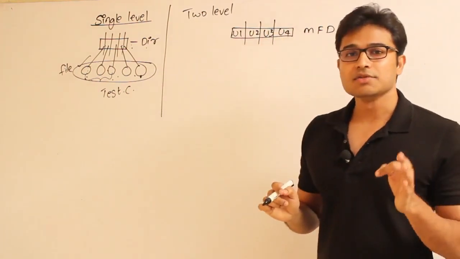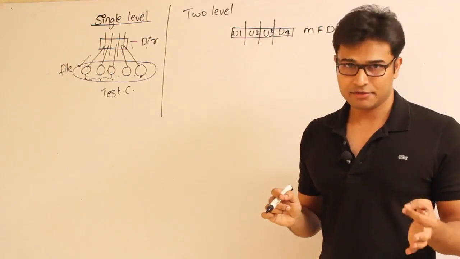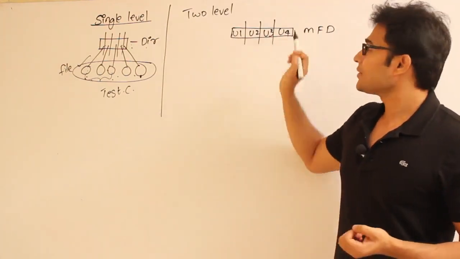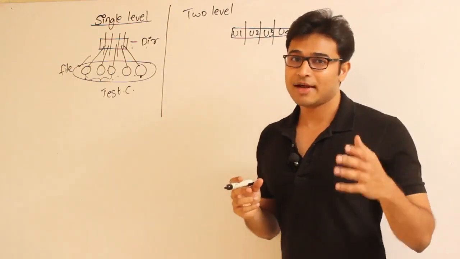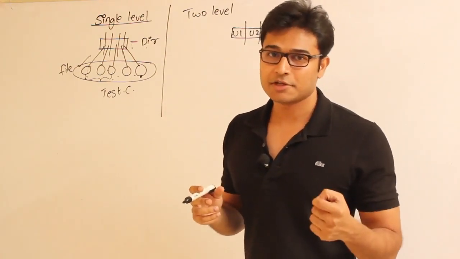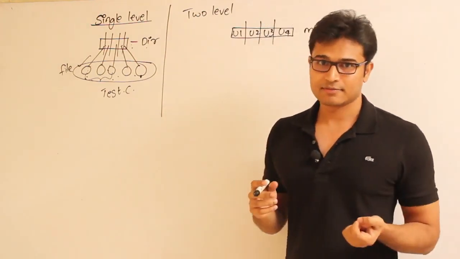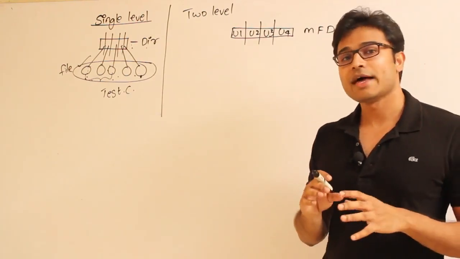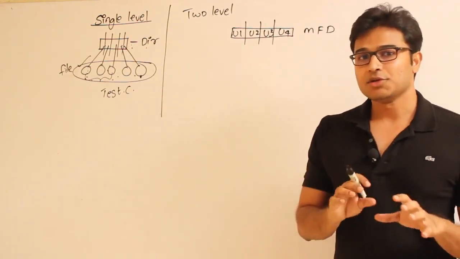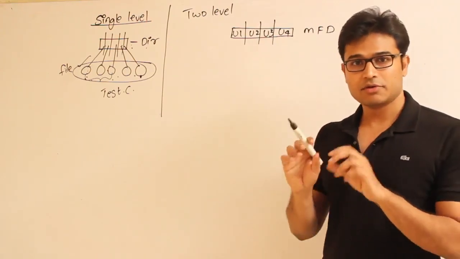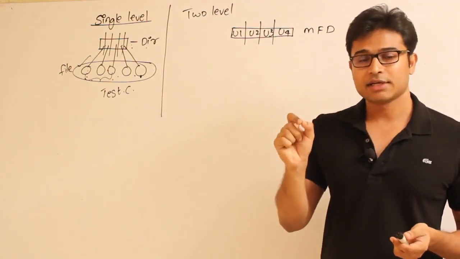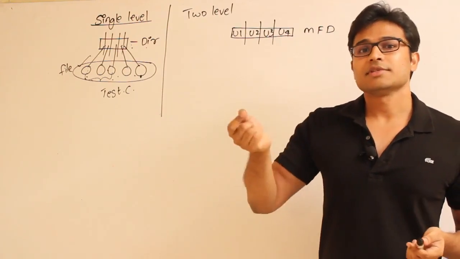For each user there will be a different directory in the second level, and the first level directory, the master file directory, will contain information about who that user is. For example, when you try to log in to the system, you have separate credentials like username and password. Once you give your username and password and log in, the system will recognize you as a certain user.